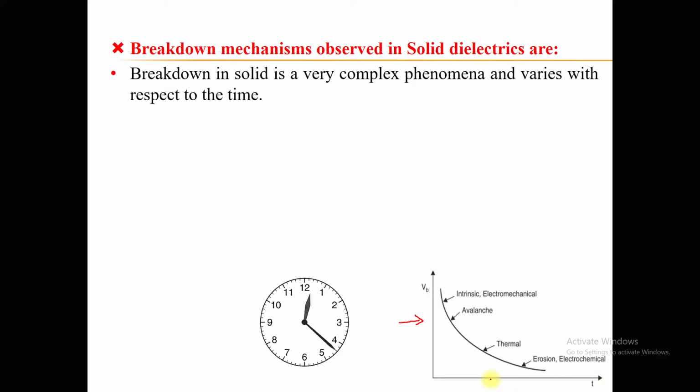So here you can see, if I want to observe the intrinsic or electromechanical breakdown, then what does it need? It needs a higher magnitude of voltage with a lower time. So if the breakdown of the solid takes place in a very short duration under the impact of a high potential magnitude, then the breakdown is known as either the intrinsic breakdown or the electromechanical breakdown.